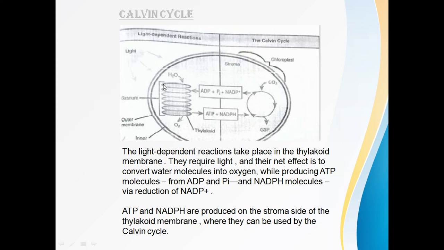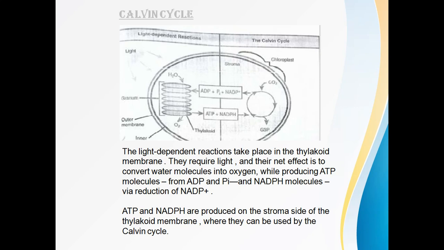In the leaves we also have stomata, small pores, which help in the exchange of gases. That is, carbon dioxide will be used and oxygen will diffuse out with the help of the small pores present on the leaves of the plants. These small pores we call stomata.